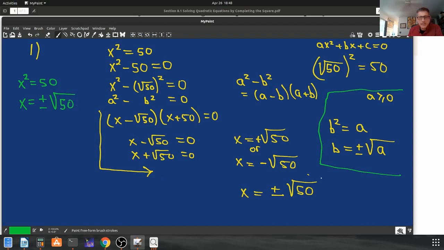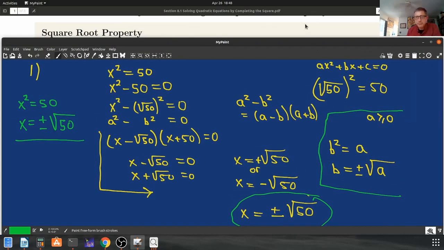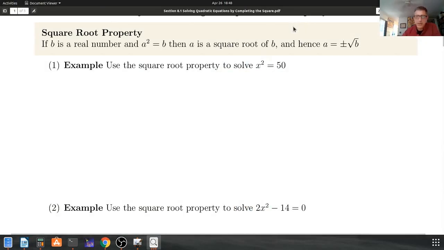And we get to the exact same end result, but with much fewer steps. And that's always nice. Once we have a theorem, then let's use those steps.